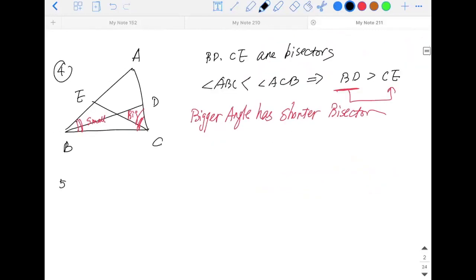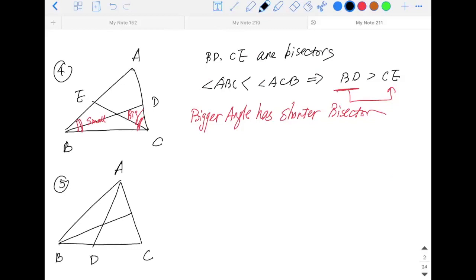Number 5. We have this bisector with this kind of property. We also have another line with this property, that is our median. So I have a triangle ABC, and AD and BE are the medians.